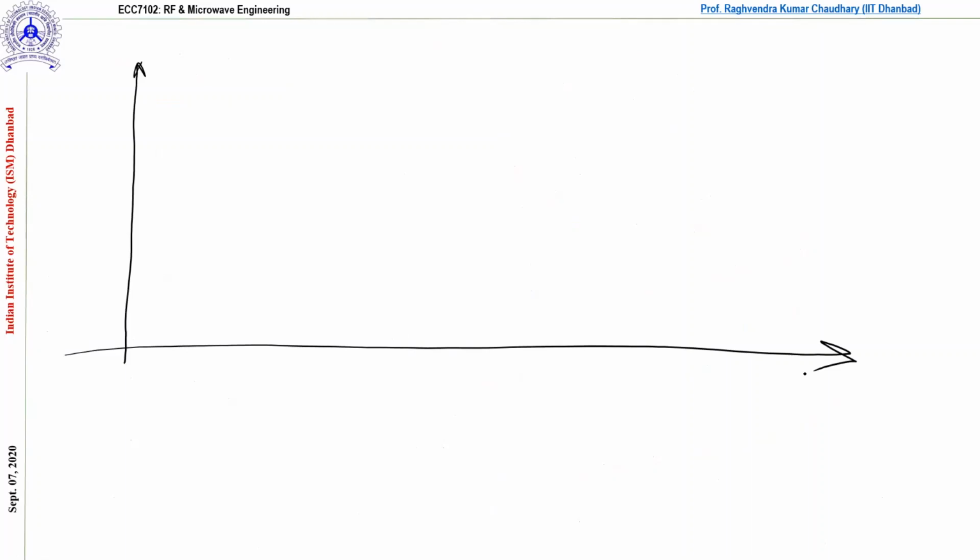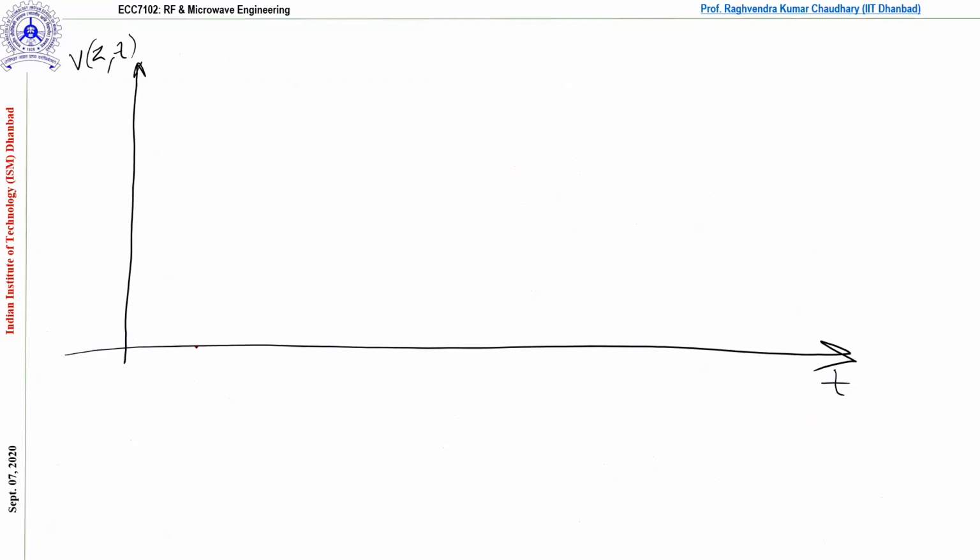You need to make the axes, what we have seen in a bounce diagram as well, V of z comma t, and this is t. Now let's just choose some different color for that.